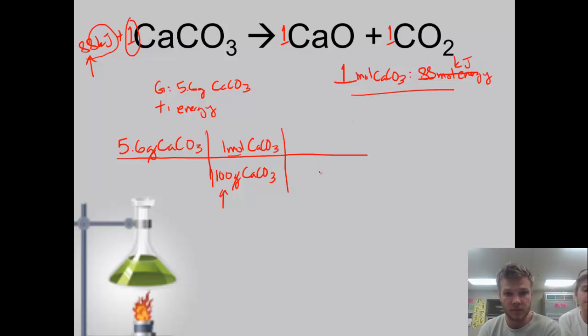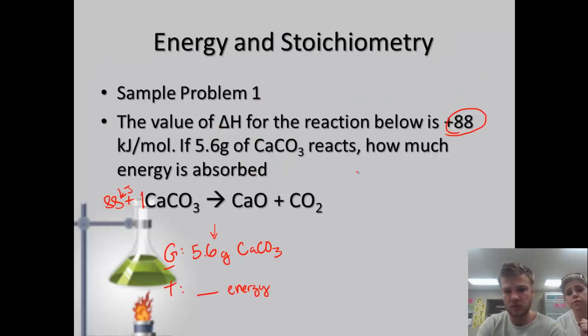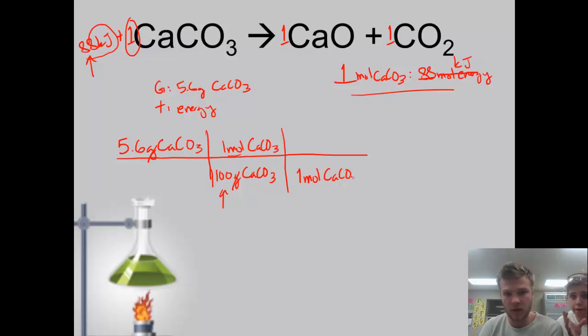You're going to put 1 mole calcium carbonate. Make sure that you're writing the numbers from your conversion factor, right? Our little equals. So I just took the 1, and I put it down here. Whatever it's equal to, 88, goes on top.